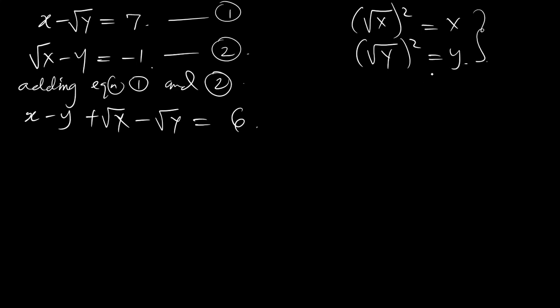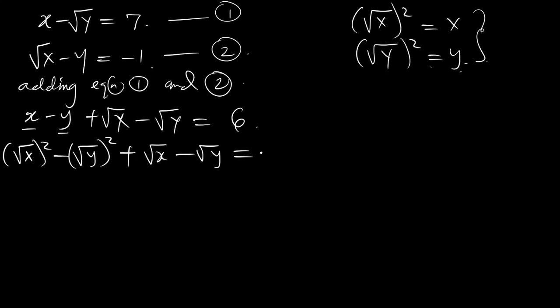So we're going to apply this rule here and change this x and y in terms of this. Now you have the square root of x squared minus the square root of y squared plus the square root of x minus the square root of y equal to 6.